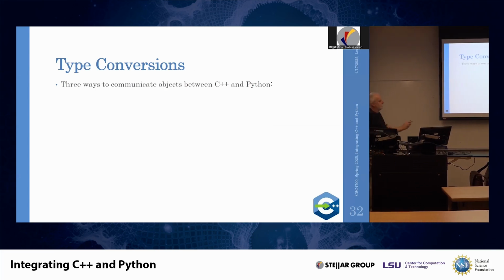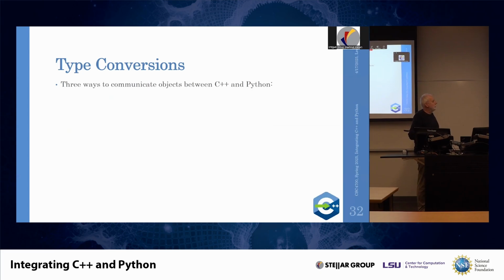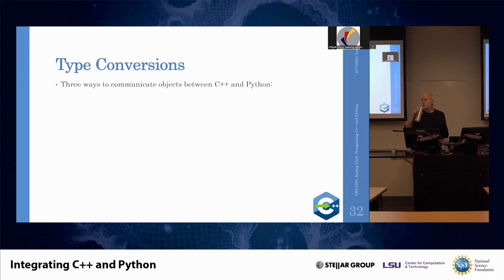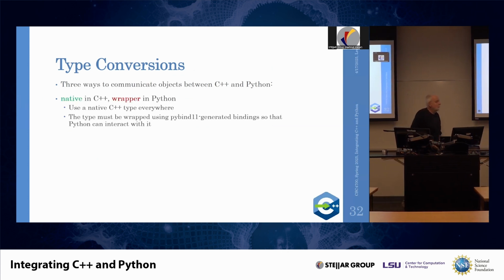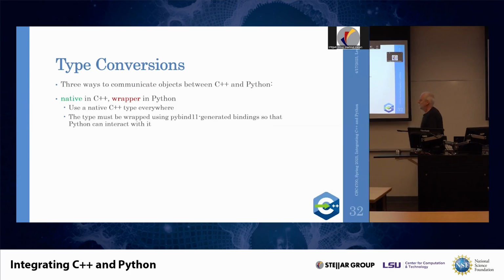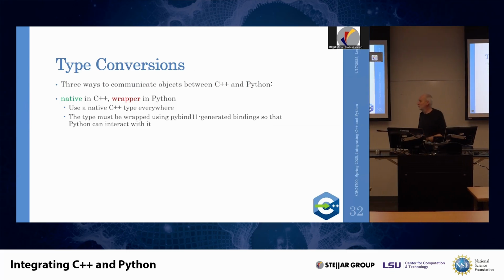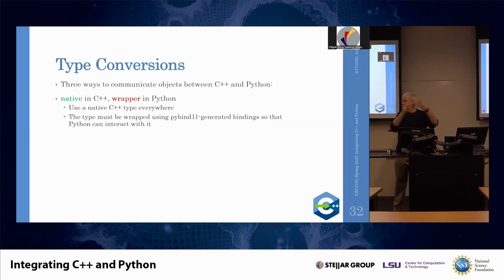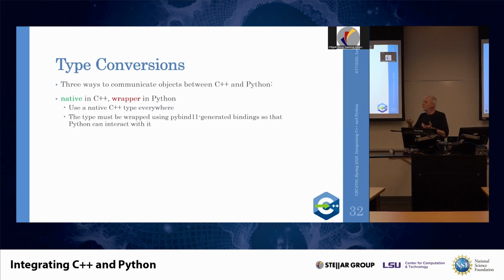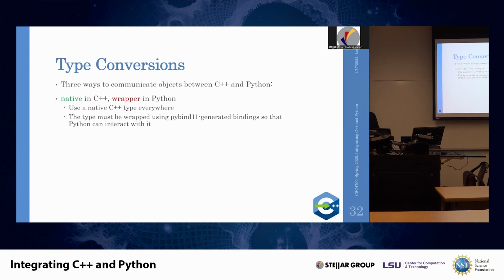Here comes the interesting part. There are 3 ways to communicate objects between C++ and Python. You can work with a native type in the C++ world and work with a wrapper in the Python world for one thing. And that's what we've done with a response type. We have a native C++ type and we create a Python wrapper which exposes that C++ type to the Python side as if it was a Python object.